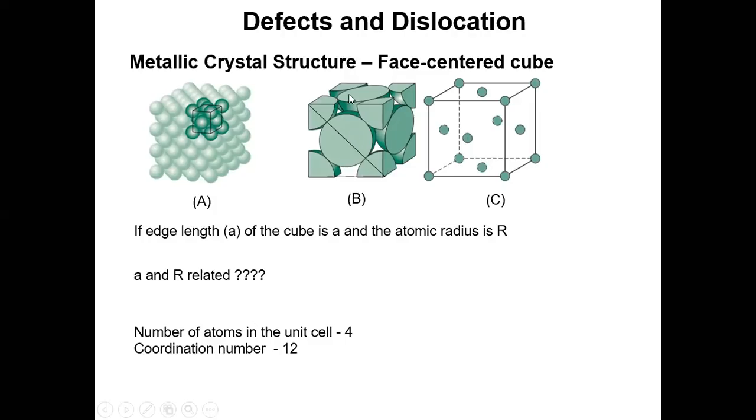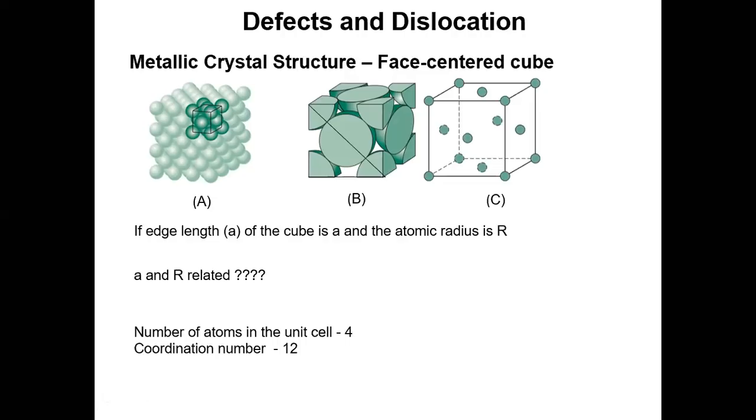In that case, you have to divide that 6 by 2 to get the number of atoms that belong to this unit cell. That is 3, right? So the number of atoms in the FCC unit cell here is 4. That is 1, meaning 1/8 of the 8 corner atoms, plus 3, half of the 6 face atoms. That is a total of 4.